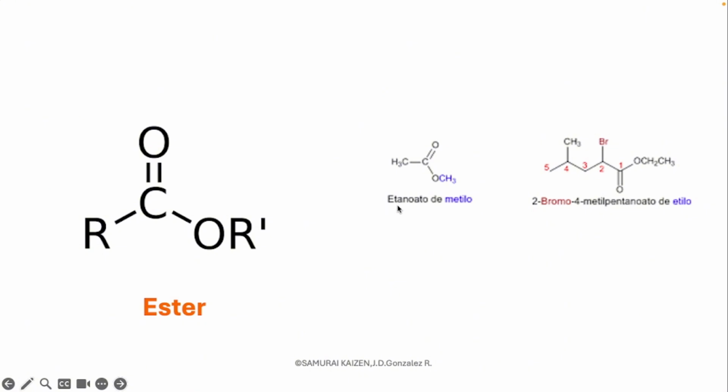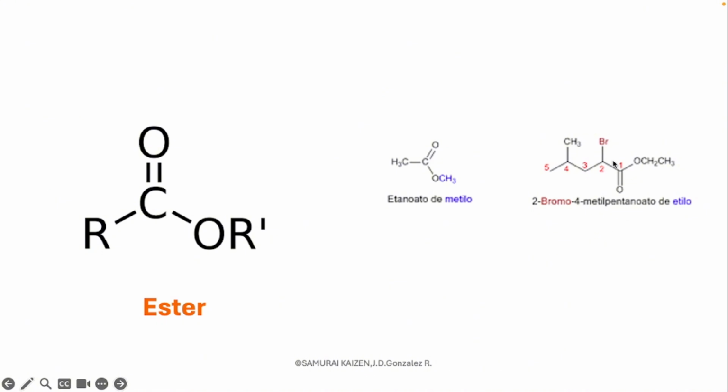For example, this would be the ethanoate of methyl, or better called ethyl methanoate, and this would be called 2-bromo-4-methylpentanoate of ethyl, which you don't say that way. You would better say ethyl 2-bromo-4-methylpentanoate.